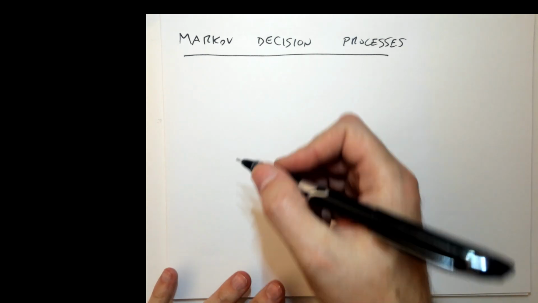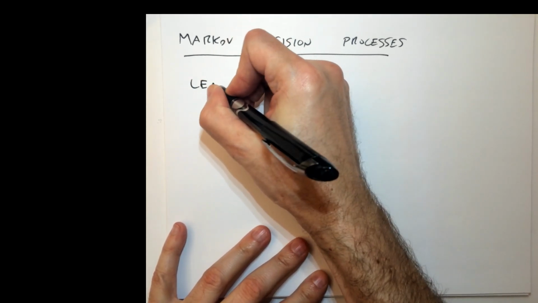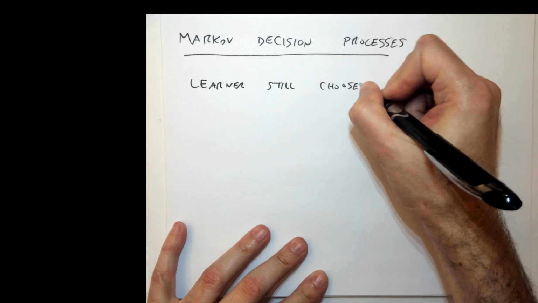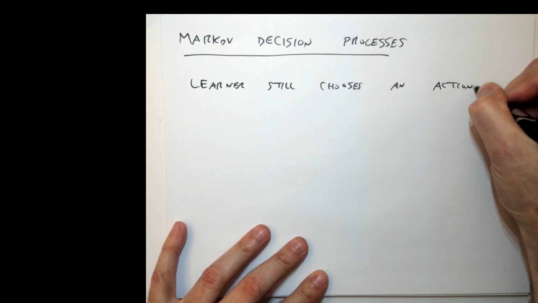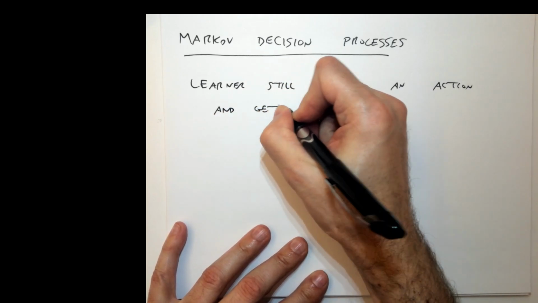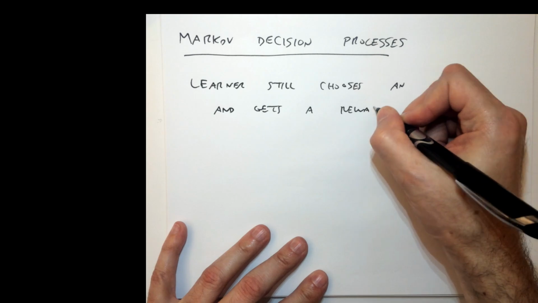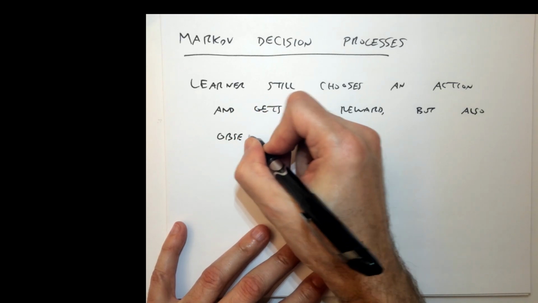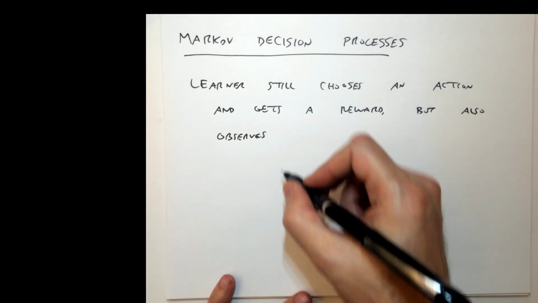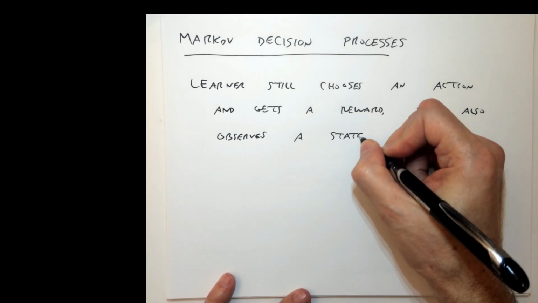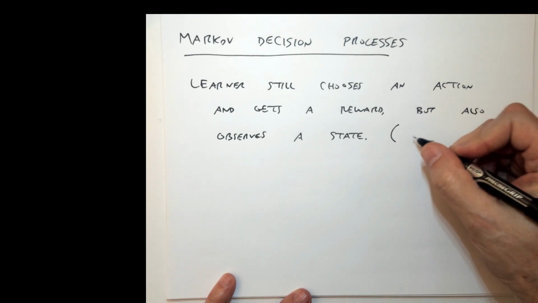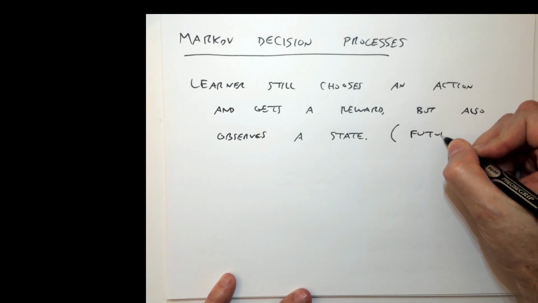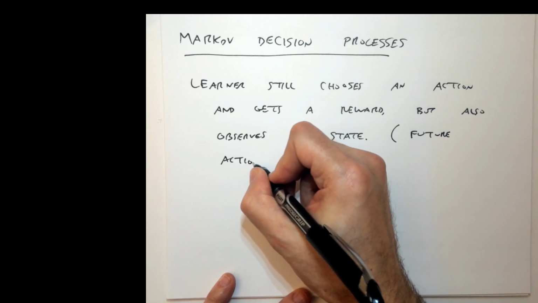The learner still chooses an action and gets a reward, but also observes a state, and then future actions depend on the state that I'm in.